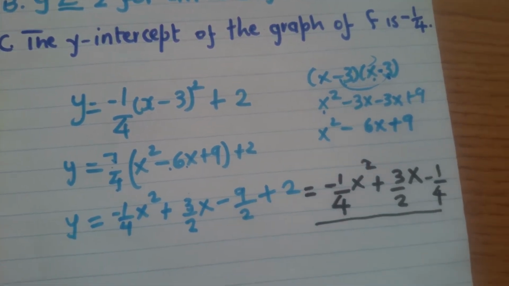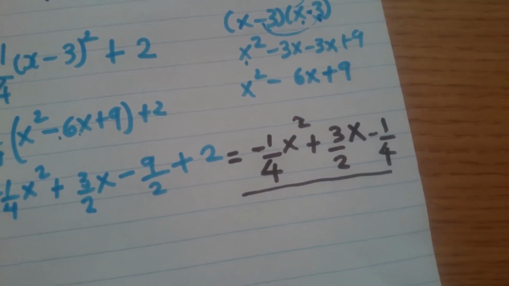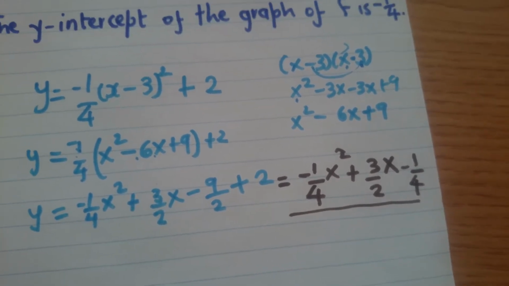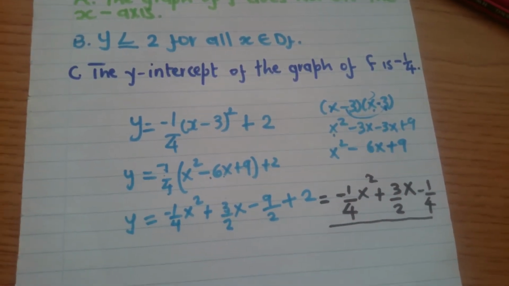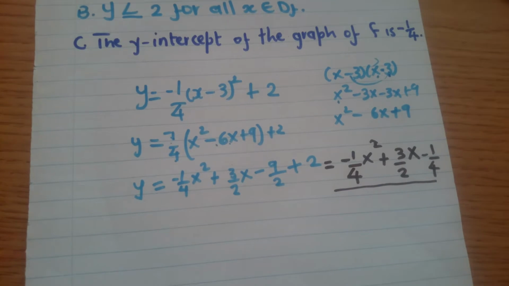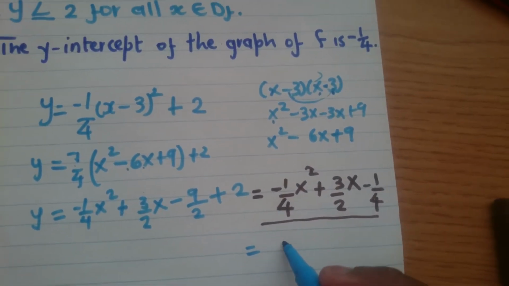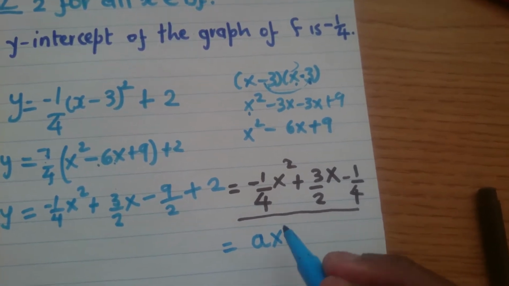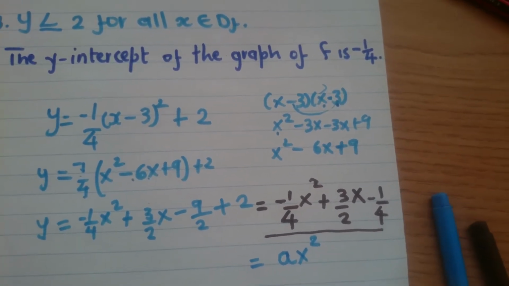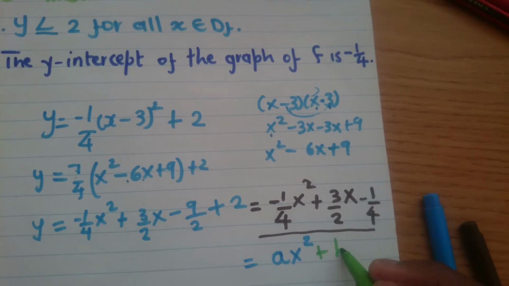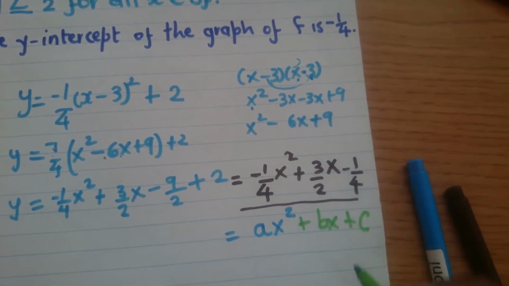I mean a quadratic. Now that I've expanded it, because they say the graph does not cut the x-axis, we're going to test the roots. How are we going to test the roots? Compare with the standard quadratic equation, ax squared plus bx plus c. So what is our a?